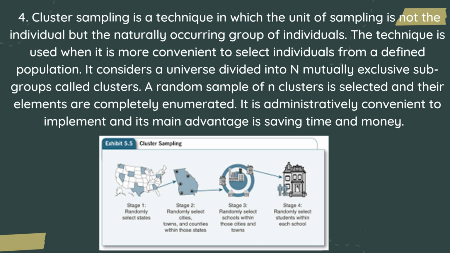Katulad sa stratified random sampling method, ang ginagawa din natin for the cluster is we divide the people in different groups. Ang kaibahan lang nito sa stratified sampling method, yung buong cluster or yung buong people doon sa isang cluster ang pinipili natin. Like for example, sa sections ng apat ng grade 11. Jacinto, Rizal, Bonifacio, Mabini.